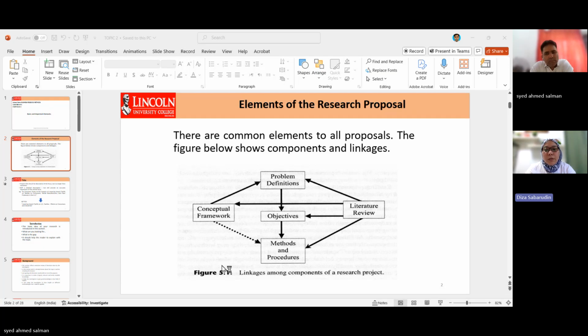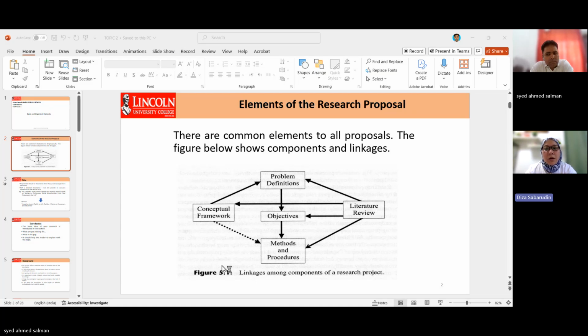Then number two is the literature review. This involves gathering and reviewing existing studies, theories, and data relevant to the research problem. It helps to establish the context, justify the need for the study, and identify theoretical or practical gaps the research aims to fill.